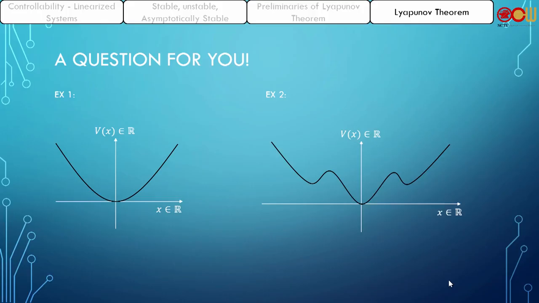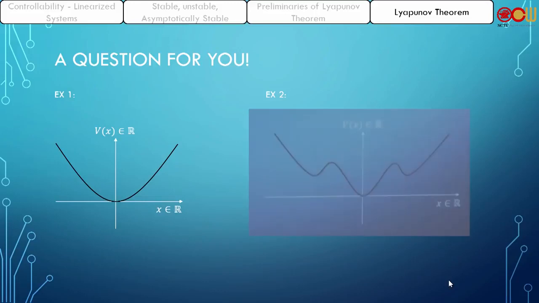Okay, a question for you. This is PD, right? But if you choose a Lyapunov function like this, it is also PD, since it's only 0 at 0. But if you choose this kind of Lyapunov function, you will be in trouble, right? Because how many minima do you have?